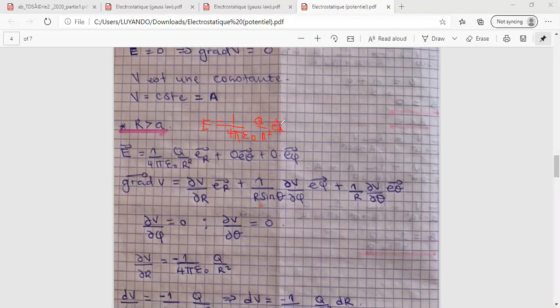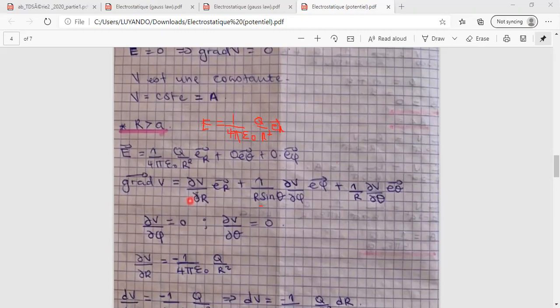So we're going to use the same E is equal to negative gradient of V. This is a sphere, so we're going to use spherical coordinates. I remember that I did the expression for the gradient in spherical coordinates in the introduction, and it is this.